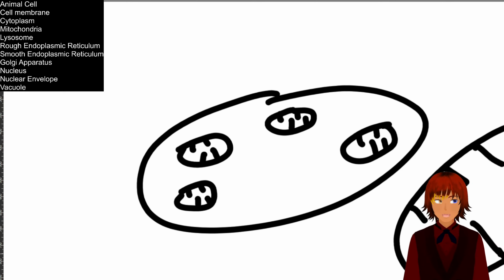Lysosome. Actually, I might as well do lysosomes and vacuoles and vesicles all at once. The general structure of a lysosome looks like a blob. But within the cell, lysosomes are very hard to see. They basically look like dots, and you definitely need to stain the cell in order to see them.